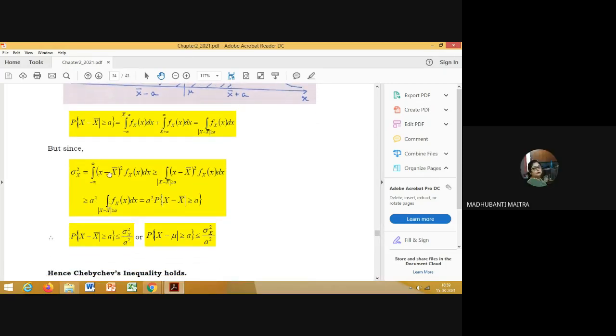So this area is greater than a square fx dx, where the limits are given by this, and that is nothing but a square into the probability that mod x minus x bar is greater than or equal to a. We have started from this. So this expression is multiplied by a square, right?